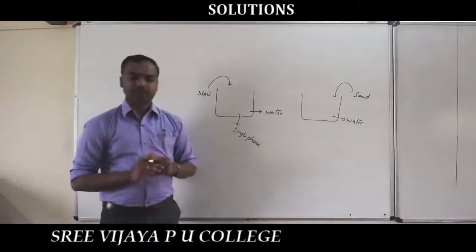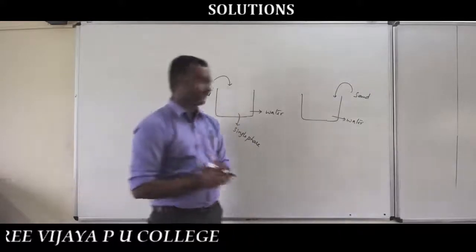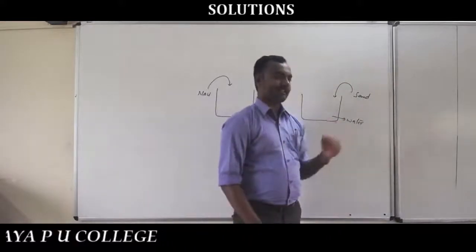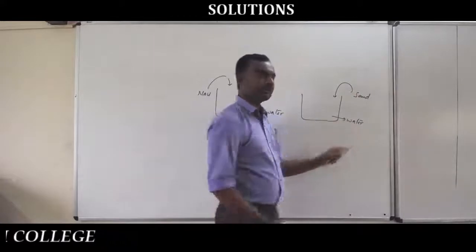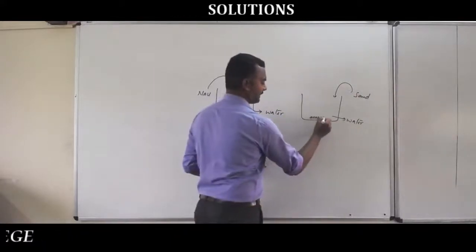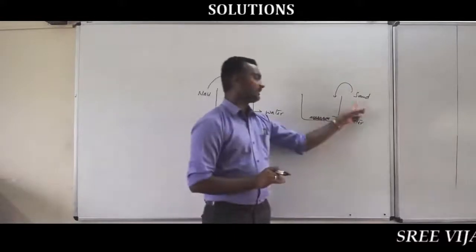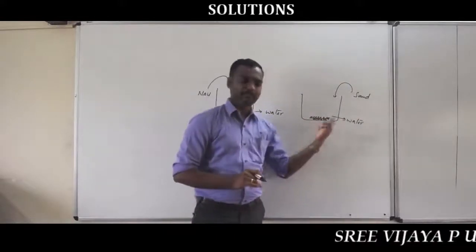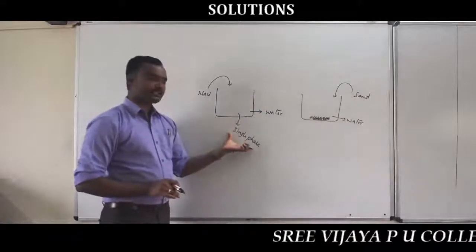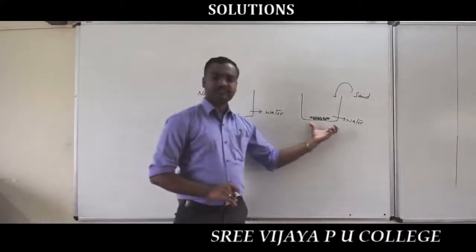Now consider water and sand. When sand is added to water, we know that the sand is deposited at the bottom of the beaker, and we can easily distinguish the sand and water inside the beaker. So this is a single phase appearance, and this is not a single phase appearance.